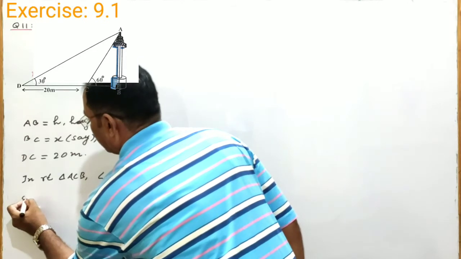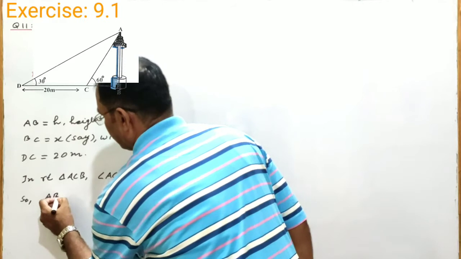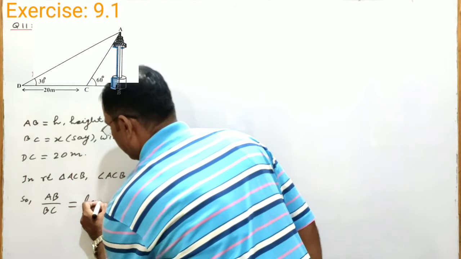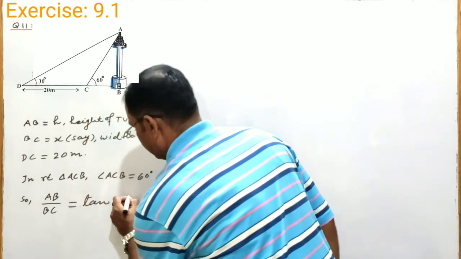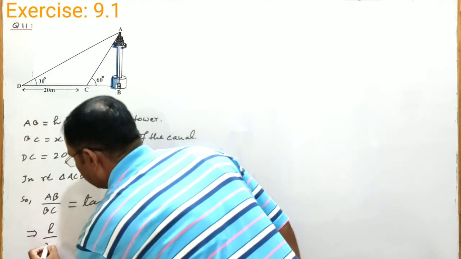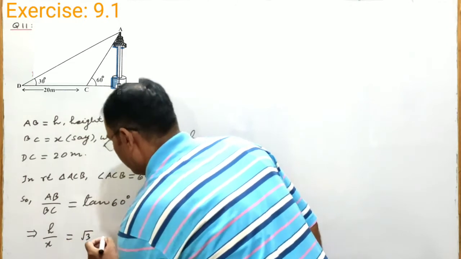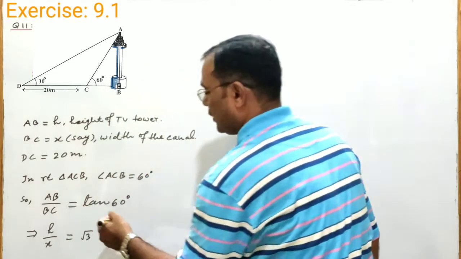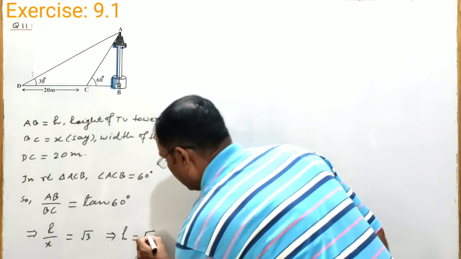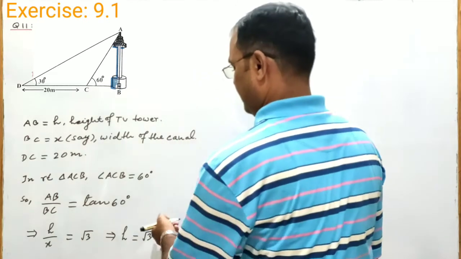So AB by BC equal to tan 60 degrees. AB we have taken H and BC X, so H by X equal to root 3, and if you cross multiply get H equal to root 3 into X. Let it be equation number 1.